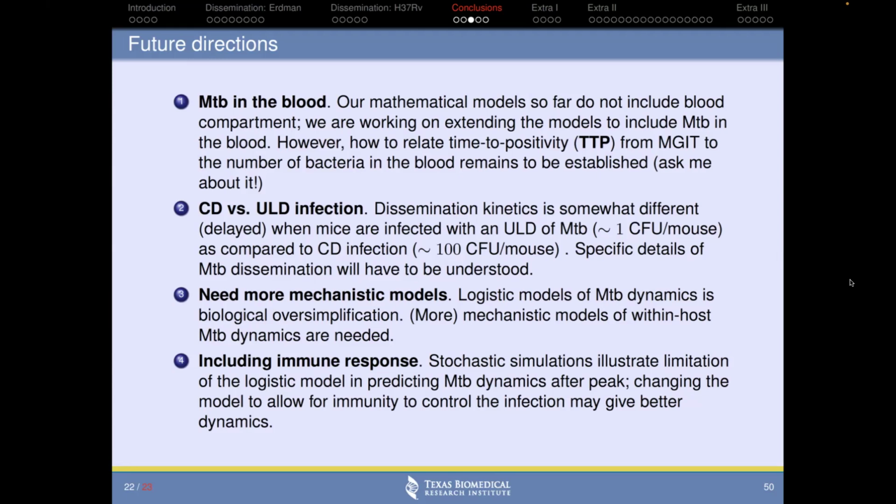I did compare two strains, MTB Erdmann and H37RV. I cannot say if they disseminate differently, because I couldn't establish the exact pathway of dissemination. I can say the rates are different, definitely. But for the pathway itself, I cannot conclude they're different because I couldn't say for sure what their pathway is. Thank you, Professor. Any other questions?